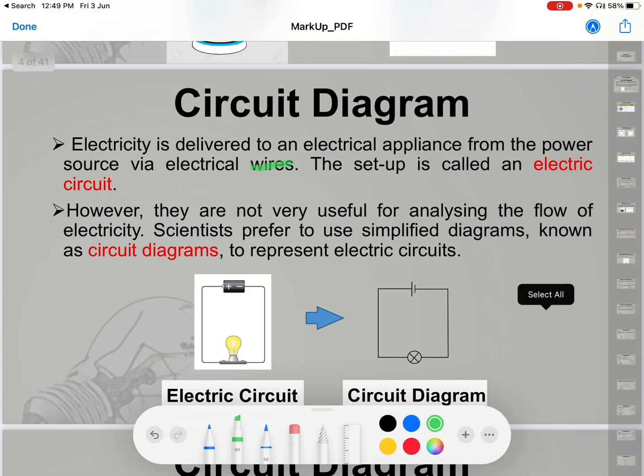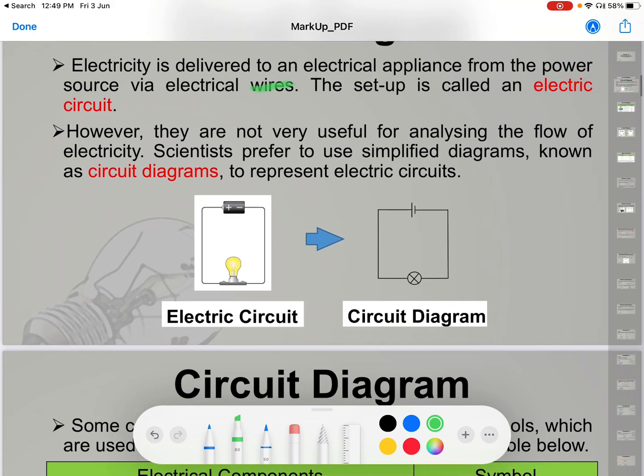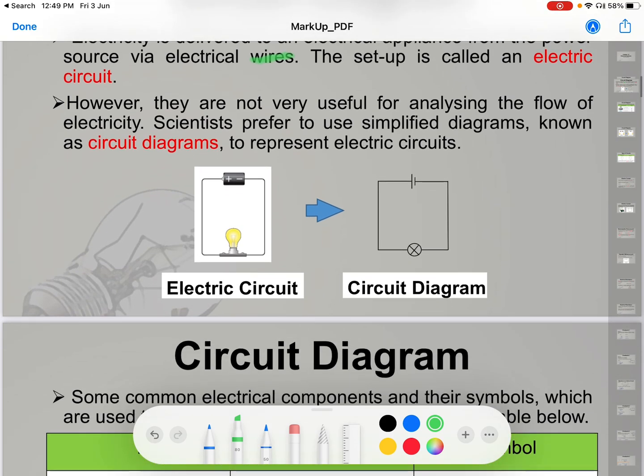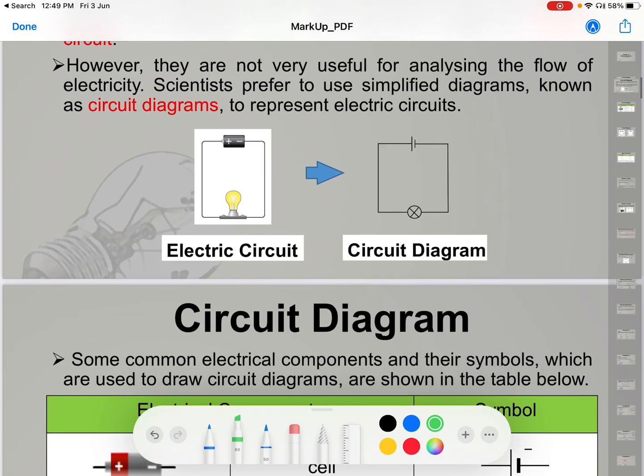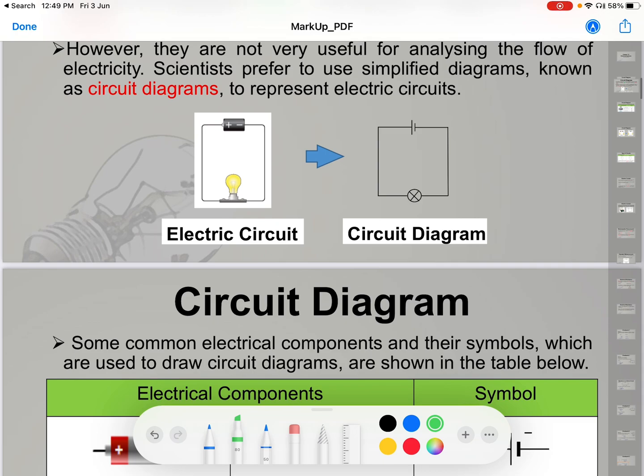So the setup is called an electrical circuit, and for simplicity's sake, scientists prefer to use simplified and straight to the point diagrams known as circuit diagrams to represent electric circuits. Okay, so we see over here that the battery now looks like this, or the electrical cell, and the light bulb looks like this.